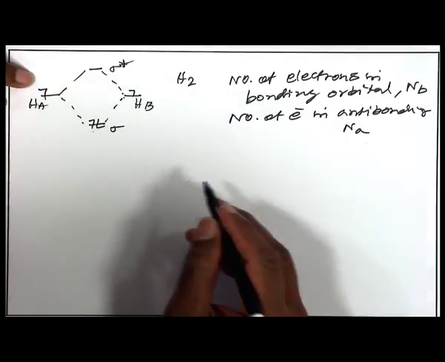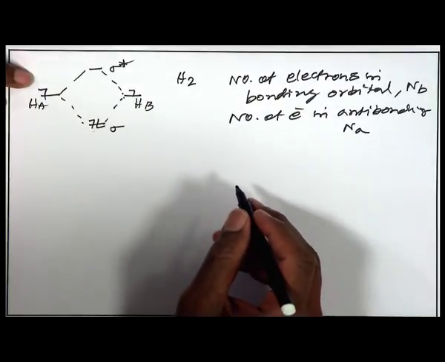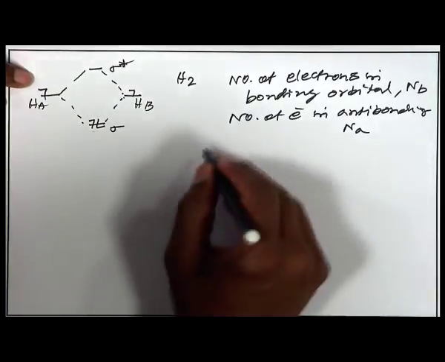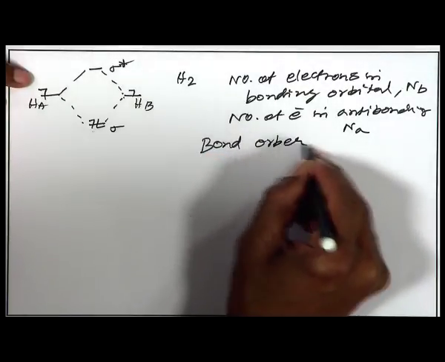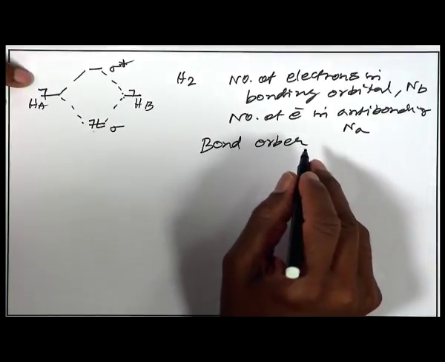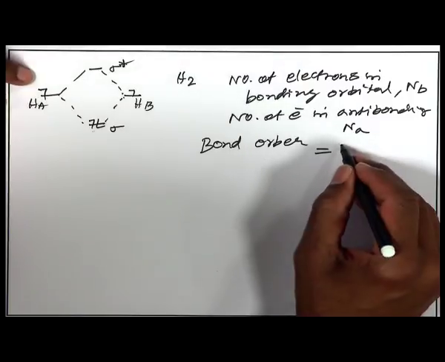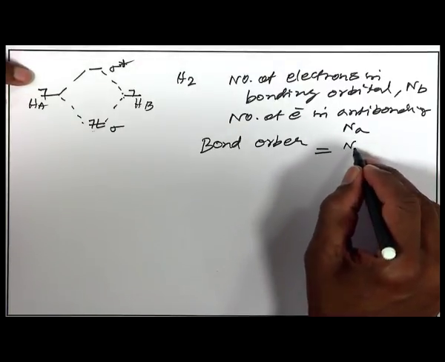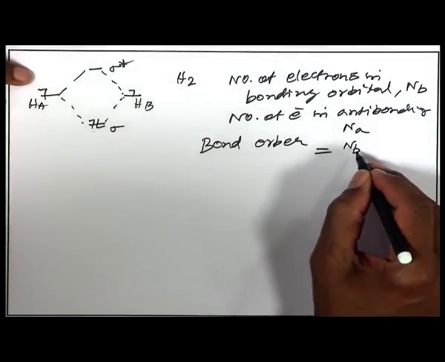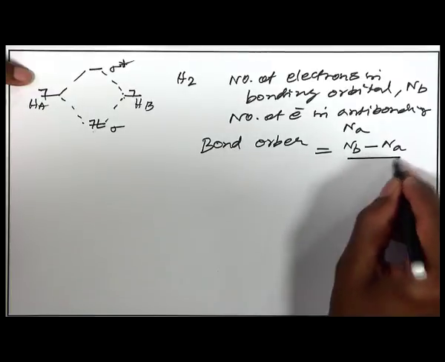Then we can talk about the stability of the molecule by using a concept called bond order. Bond order is the multiplicity of the bonds between atoms. So, bond order is just the difference divided by 2. The number of electrons present in the bonding molecular orbital minus the number of electrons present in the antibonding molecular orbital, divided by 2.